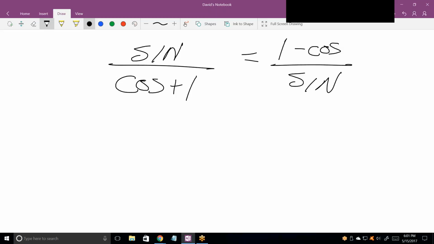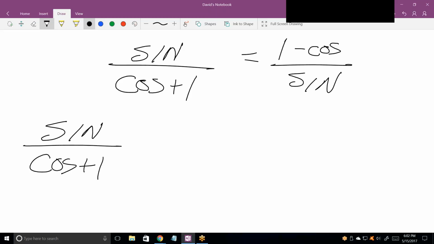What you want to take notice of here is this cosine plus 1. That is what you're looking for to multiply by the conjugate. In other words, I'm going to multiply that thing by cosine minus 1 over cosine minus 1.